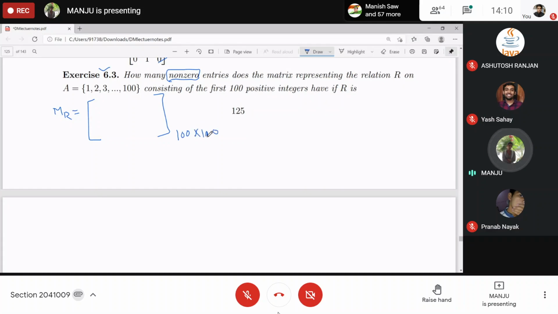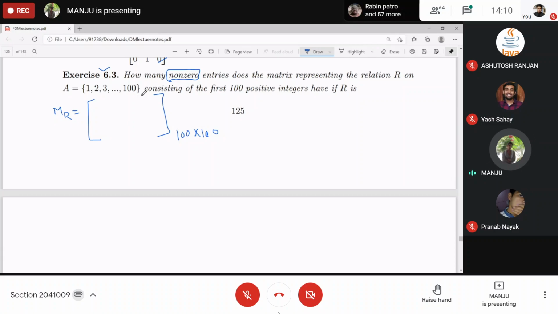For the relation, here 1, 2, 3, 4 and up to 100, and 1, 2, 3, 4 up to 100. If 1 is related, it will give you 1. If not related, it will give you 0. That is, if i is related to j, then its ijth entry will be 1, otherwise 0, right? Or you can just say A is varying over here, B is varying over here. If A is related to B, then 1.